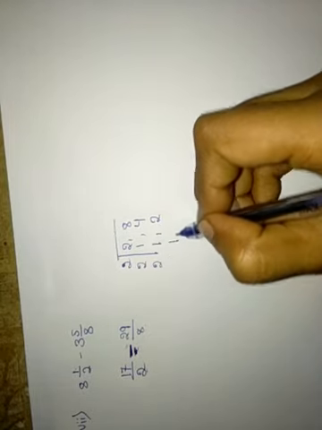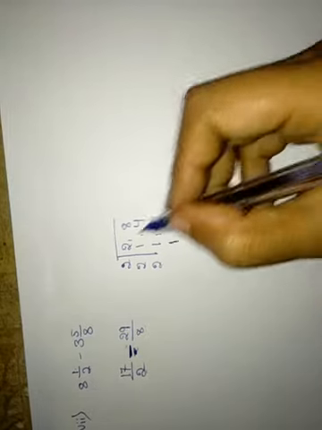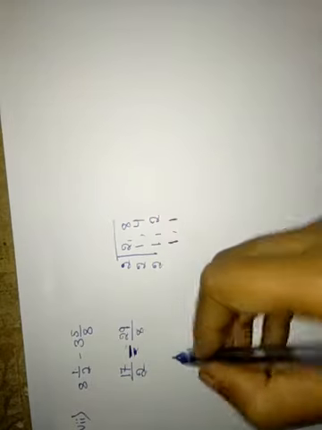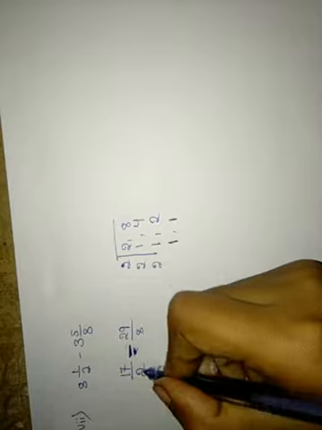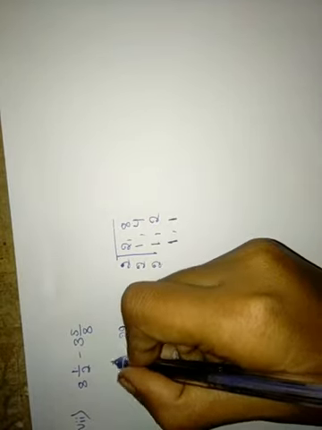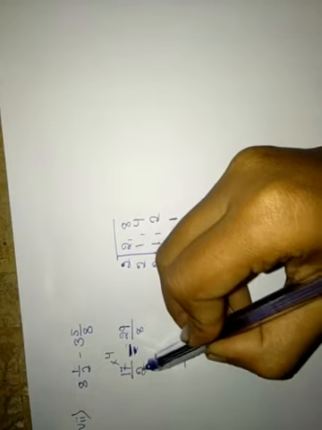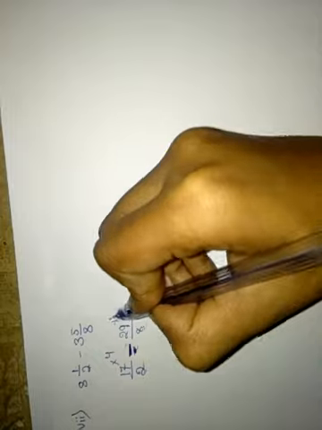Again 2 1s are 2, 1 will keep as it is. We are getting here 2 2s are 4, 4 2s are 8. So the LCM is 8. To make the denominator 8, we'll multiply it by 4. You can observe 2 4s are 8. Here already 8 is there. So I will multiply it by 1.